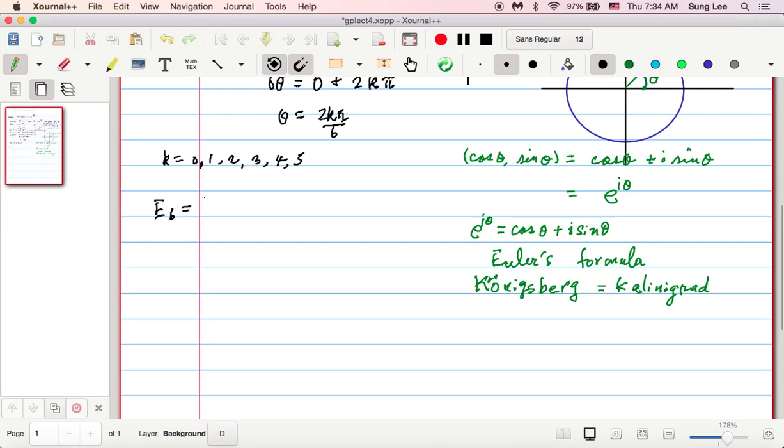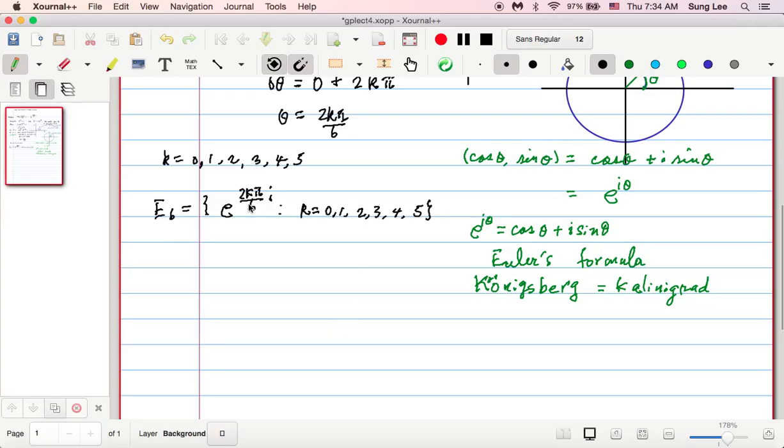So that's going to be e to the 2k pi over 6 i, such that k runs from 0, 1, 2, so from 0 all the way to 5. So 0, 1, 2, 3, 4, 5. So there are 6 distinct solutions.